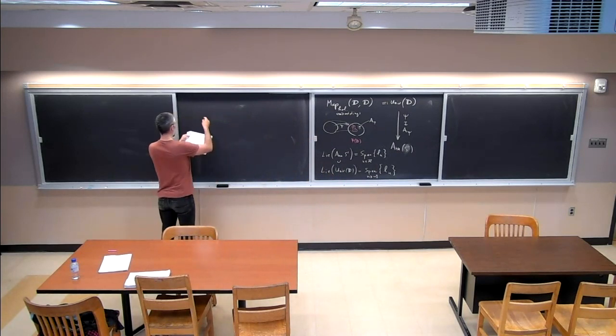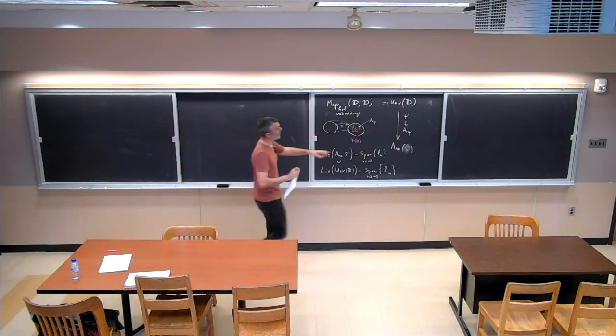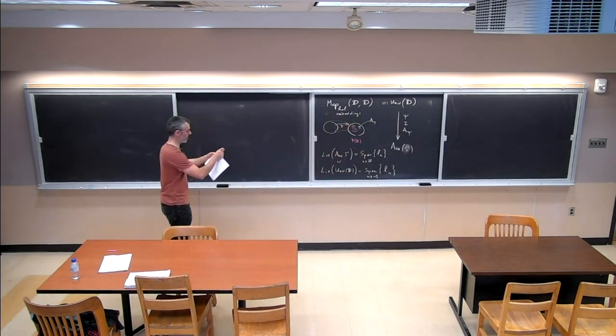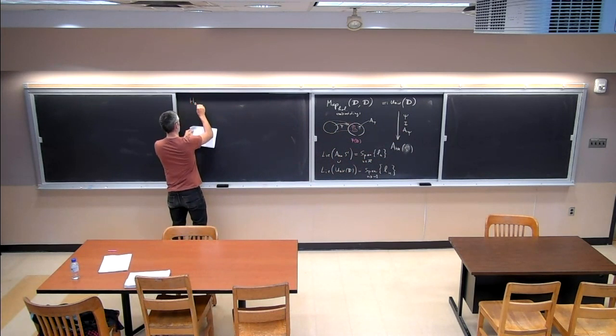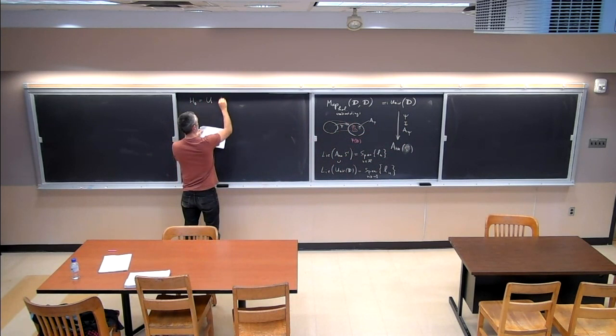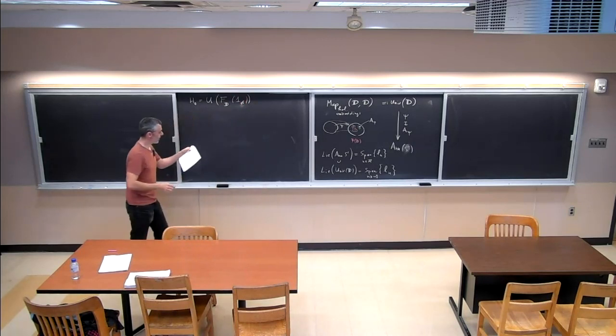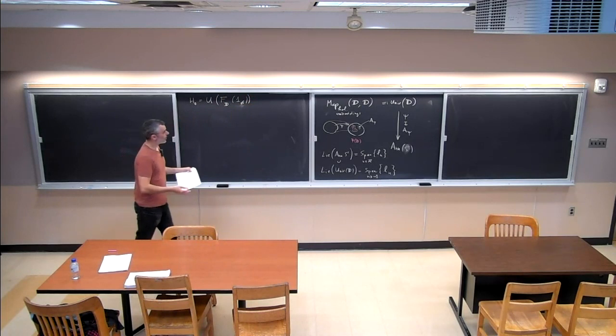Okay, so here's how it goes. I fix an element psi, and then I'm going to construct a map from the vacuum sector to the vacuum sector. I'll start with H_0, whose definition I'm going to recall because it's gone behind this board. It is F_disk of 1_empty. That's my definition. What can I do?